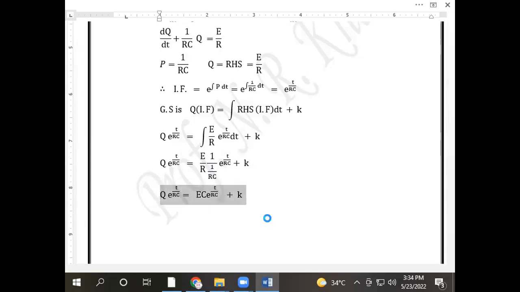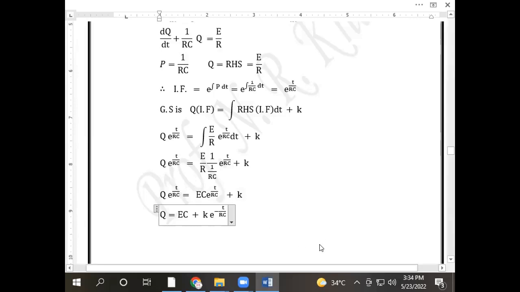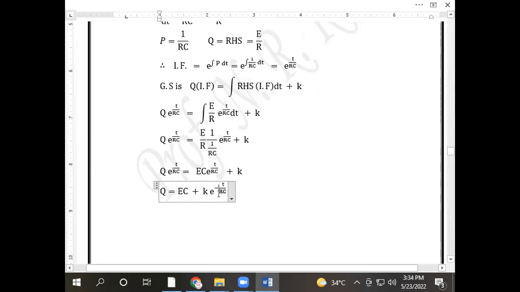To find the value of the constant of integration, we have to use the initial condition. Before that, we multiply this solution by e raised to minus t upon RC.